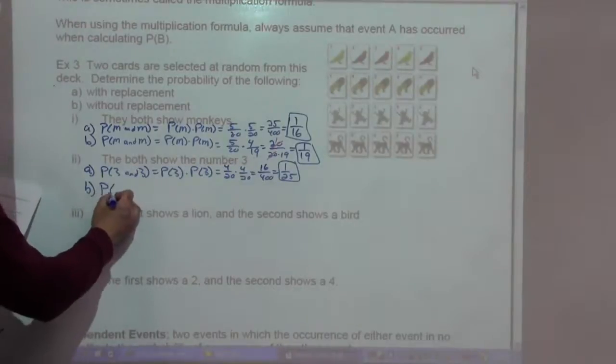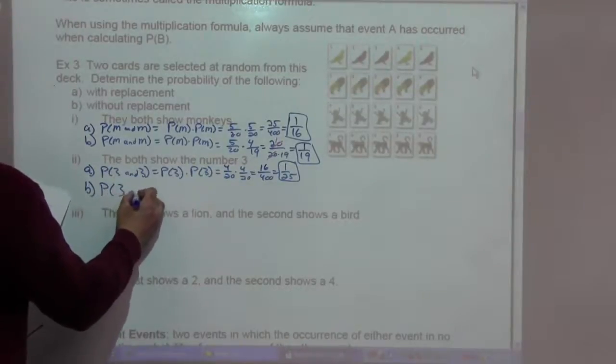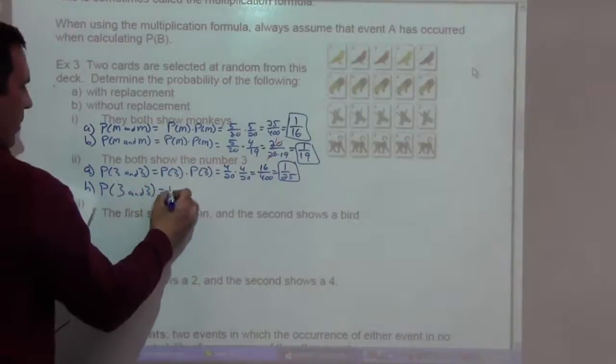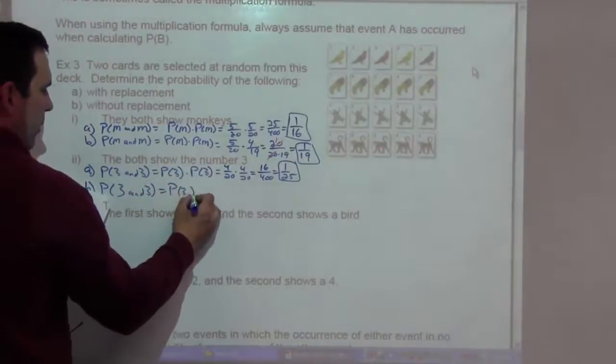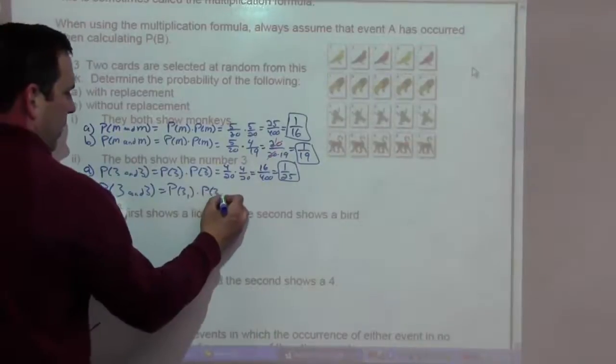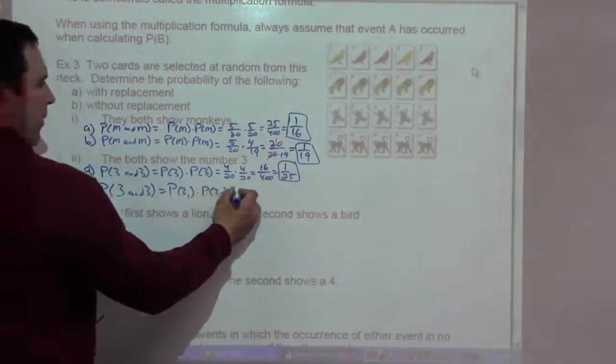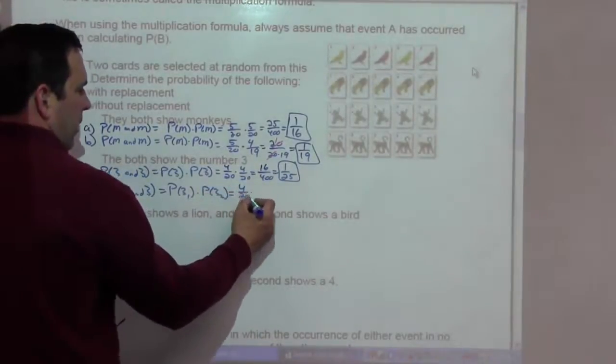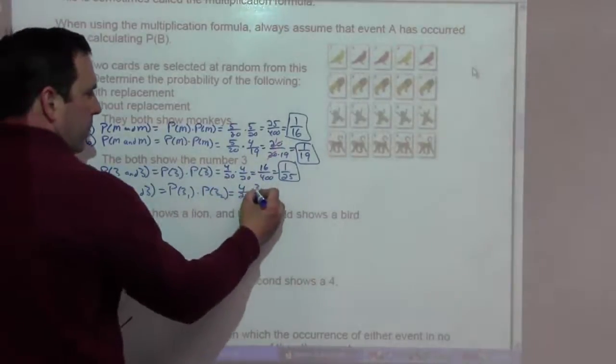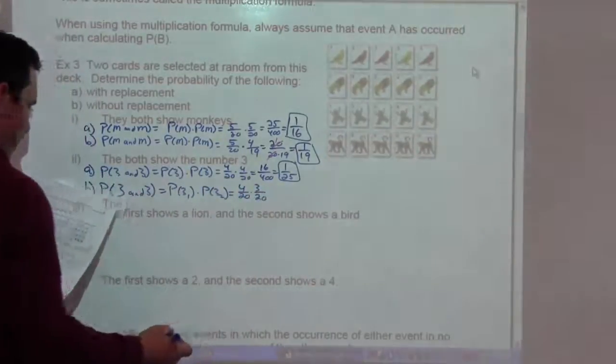Probability of getting a 3 and a 3 in the next case. That means probability of getting a 3 for the first card times the probability of getting a 3 for the second card. 4 out of 20 for the first. Now if 1's gone, we have 3 cards left out of 19.